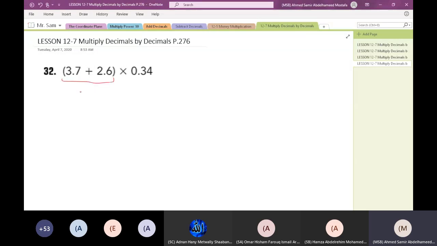Can we do it here? Okay, 3.7 plus 2.6. Would you like me to align them for you? All right, 3.7 plus 2.6. Mister, 7 times 6 equals 42. No, it's not times, Adnan.